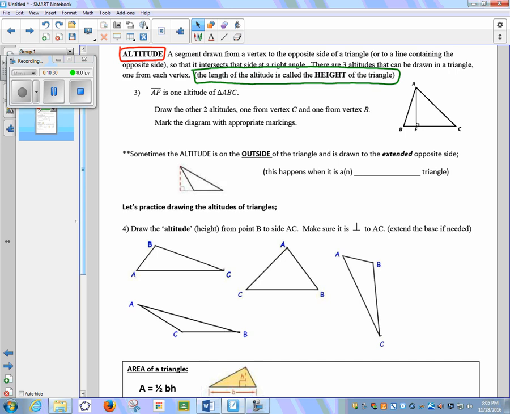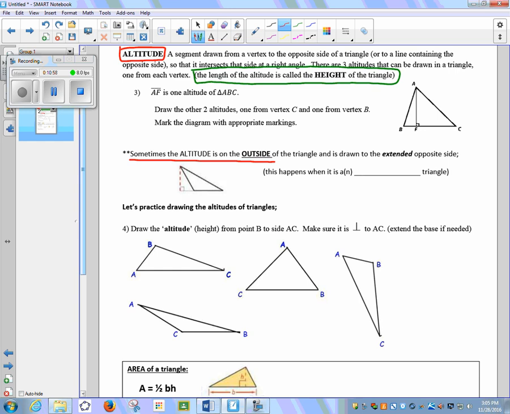So that just means that there are 3 altitudes, all based on a vertex to the opposite side perpendicularly. All right, so here's an important point about altitudes. Sometimes the altitude is on the outside of the triangle. It is drawn to the extended opposite side.